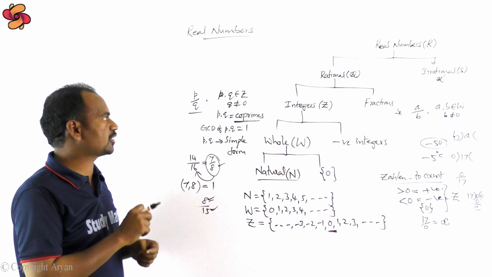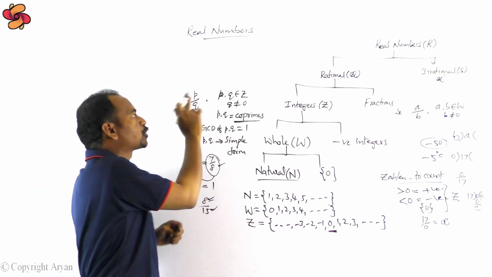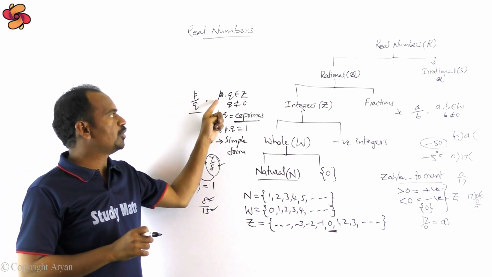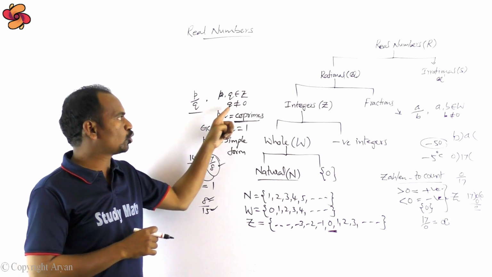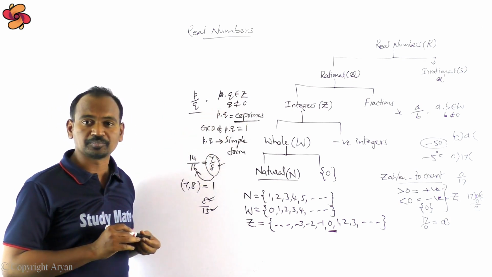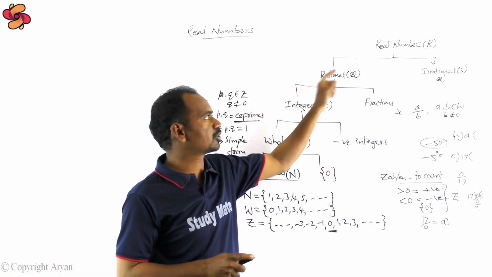So coming to the definition, one more time I repeat this. The numbers which can be expressed in the form of P by Q, where P comma Q belong to Z, Q not equal to 0, and P comma Q are co-prime, are called the set of rational numbers.